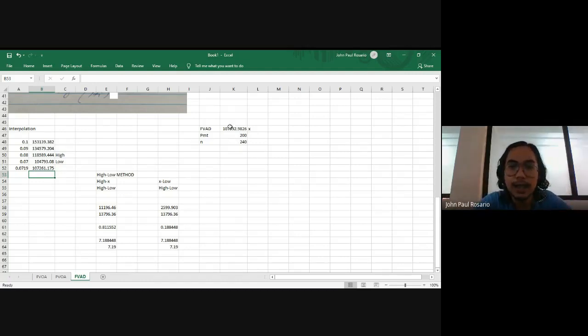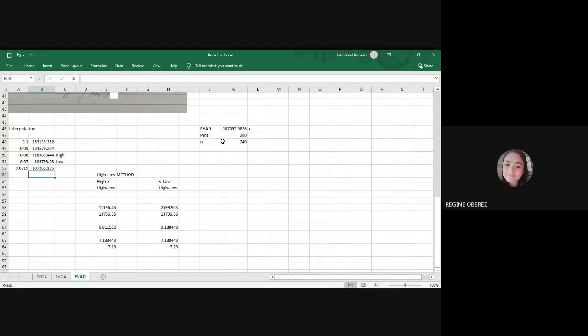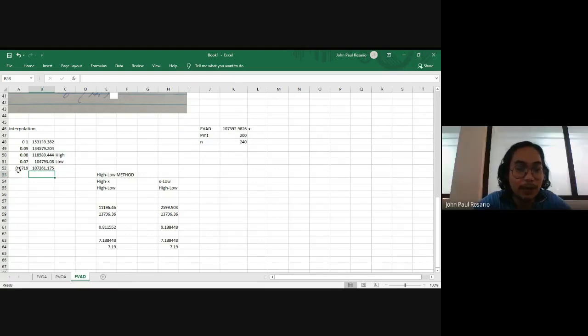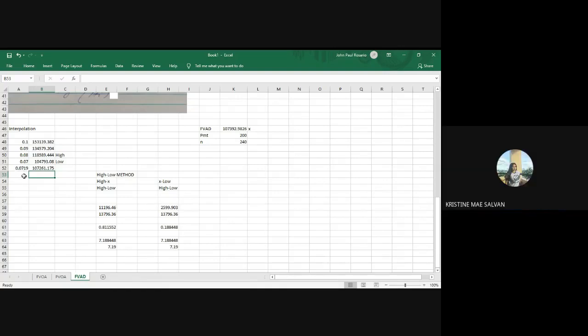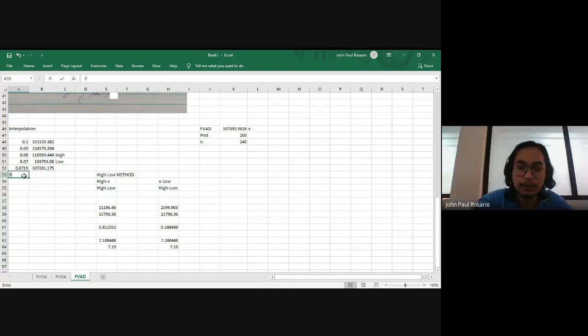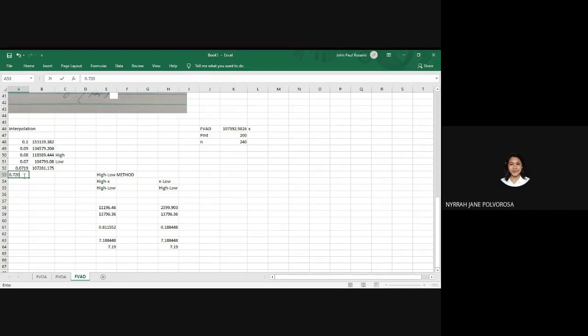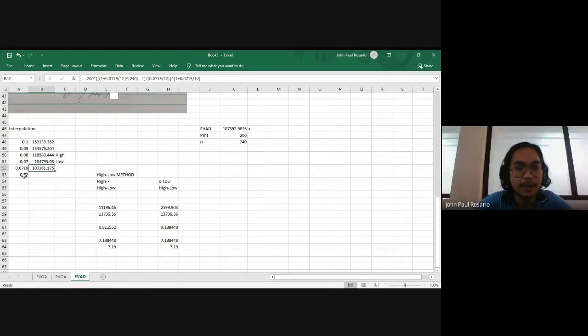Now, which is greater, this one or this one? Ato ang ano ba ang atong unknown, tama? So with that, do we need to go higher or lower? Higher. So 0.720. Higher ta.